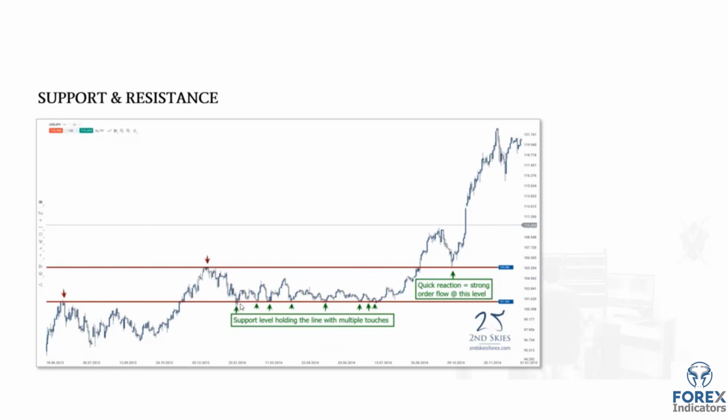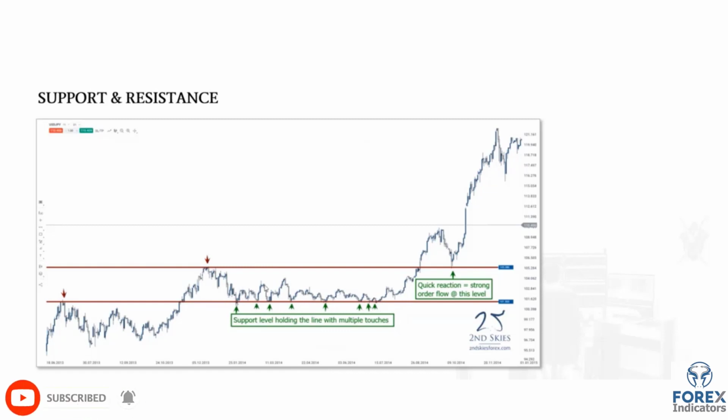But what happened is that here price treated the previously broken resistance as support, which is something we call a role reversal level, which means this area of resistance changed its role from resistance to support. And once traders saw this, they got interested in this area and started placing limit orders here, which then reinforced this area of support.